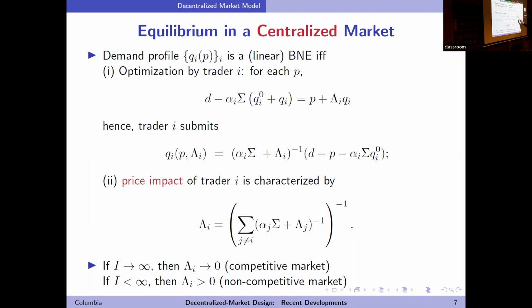It comes from the uncertainty about other traders' positions, which shift other traders' submitted demands and, once aggregated, act as my residual supply shifter. So intuitively, I know how I affect prices at the margin. I do not know the size of my residual margin, but I know how I affect prices at the margin. We're going to optimize point-wise.